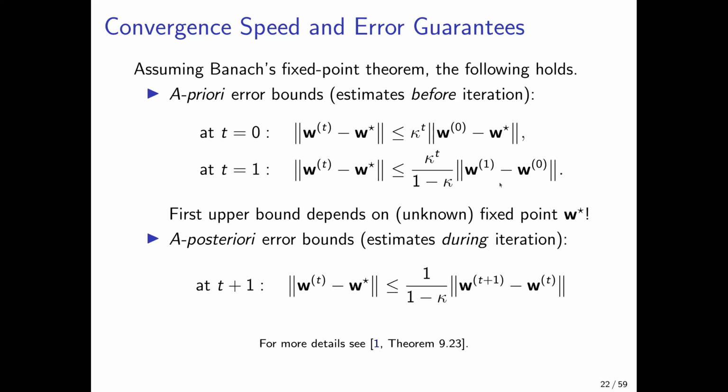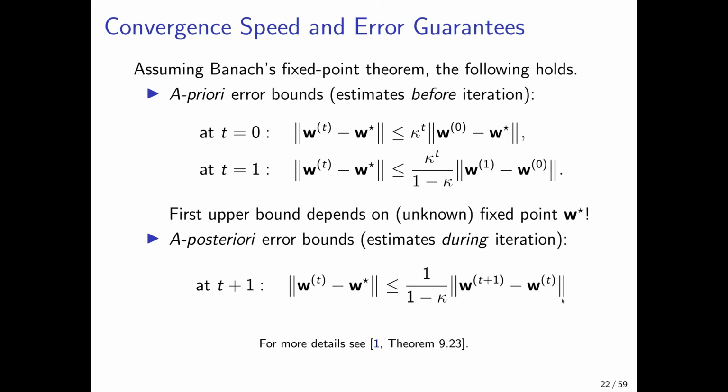And besides the a priori error bounds, we also have a posteriori error bounds, which means estimates during the iteration or after having run the fixed point iterations for a couple of steps. So let's say we have started with some initialization and we have computed fixed point iteration until Wt and Wt plus 1.